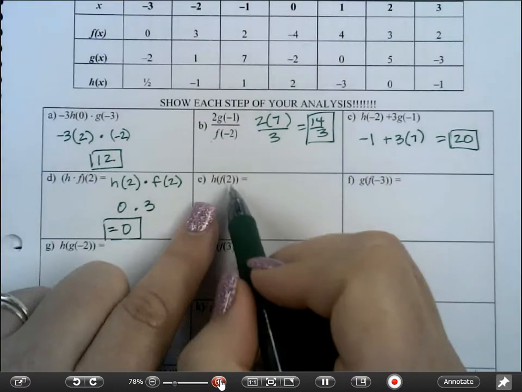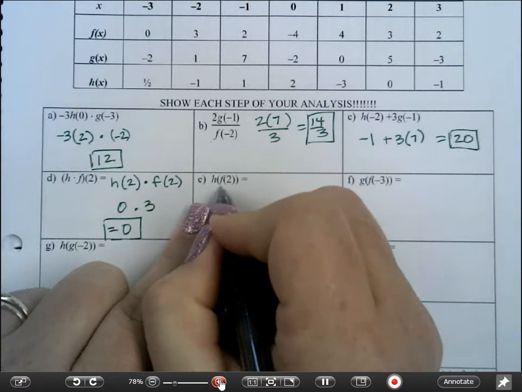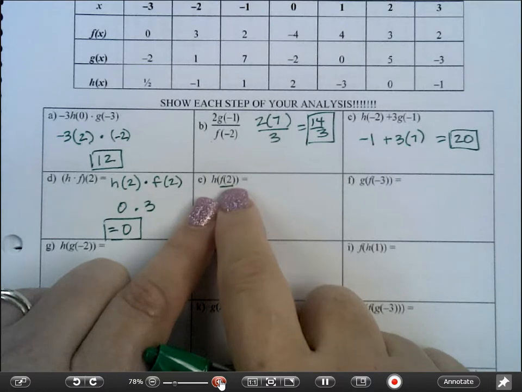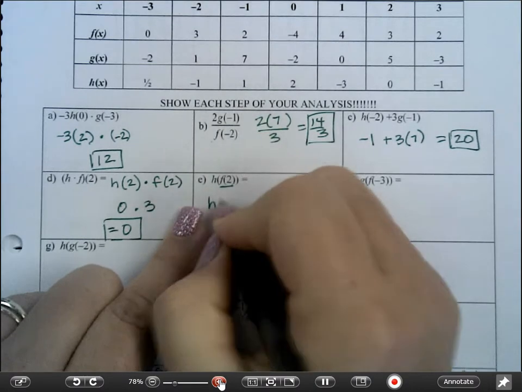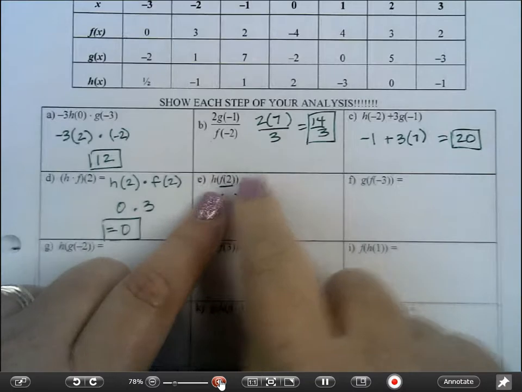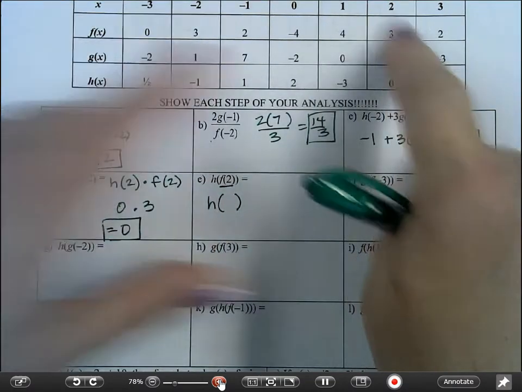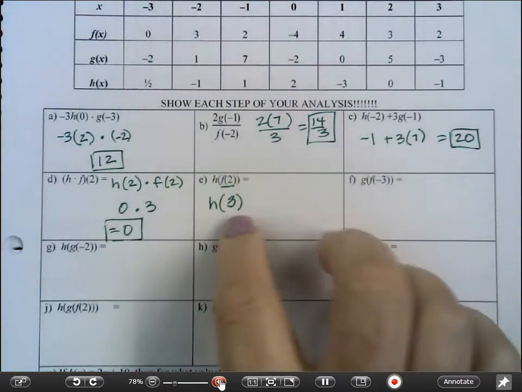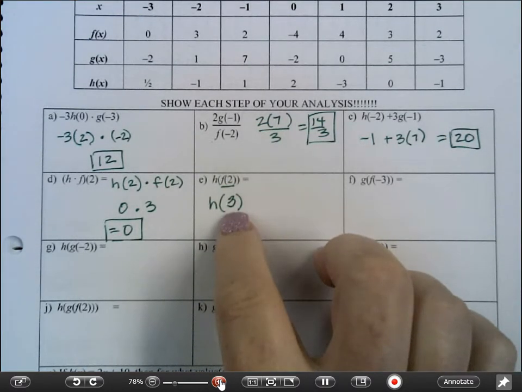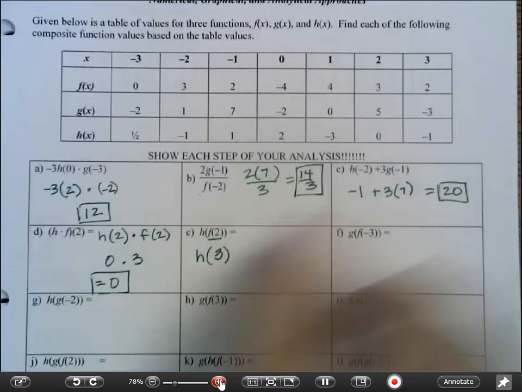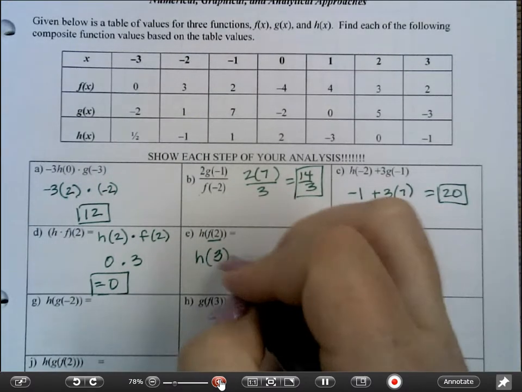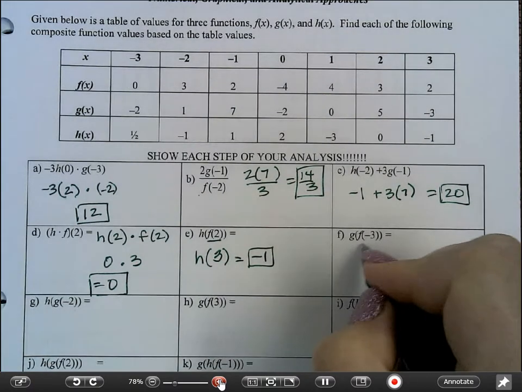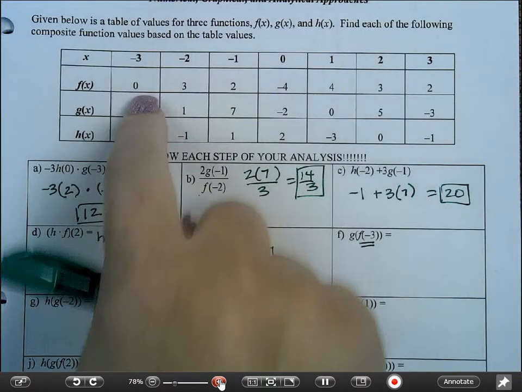All right, now this is a composite function, which says we will evaluate f of 2 first. So f of 2, when x is 2 in the f function, we get 3. And then now we take that 3 and plug that into the h, and we get negative 1. All right, so this is saying again, f of negative 3 is 0.